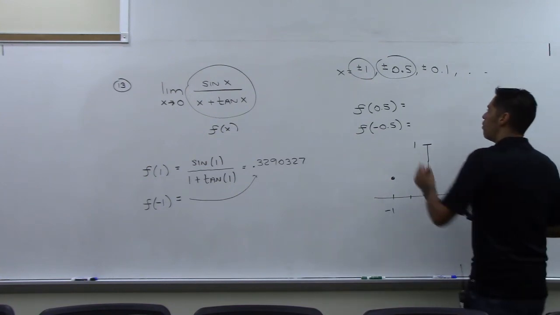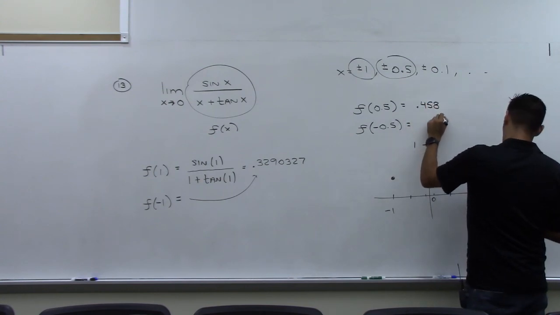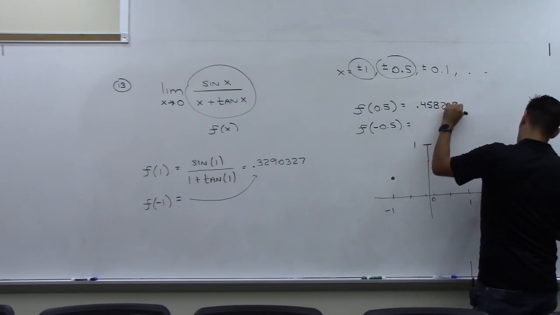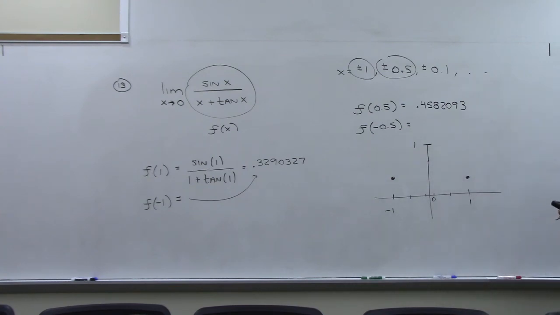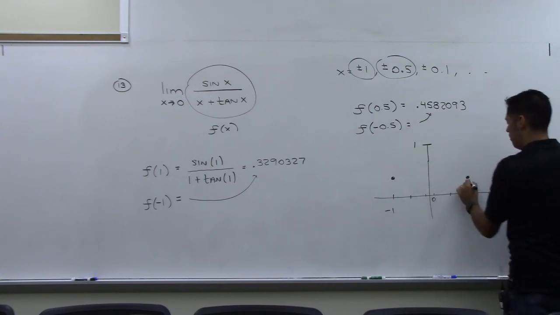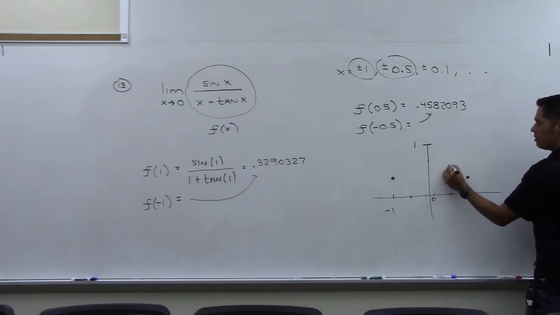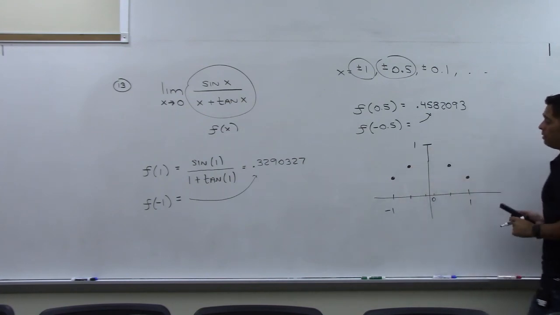I get 0.458 2093. Now if I change those to negative, I should get the same exact thing. I'm just going to double check it. Yes, I get the same thing. So 0.48, so we're maybe around here, and the same thing on the other side. Maybe it's headed towards 1.